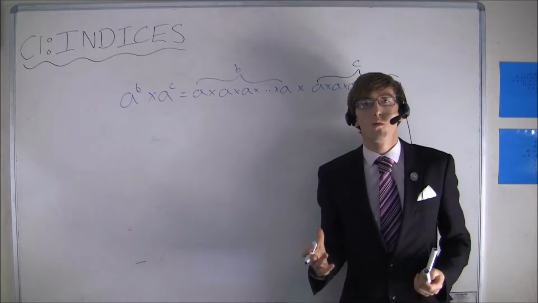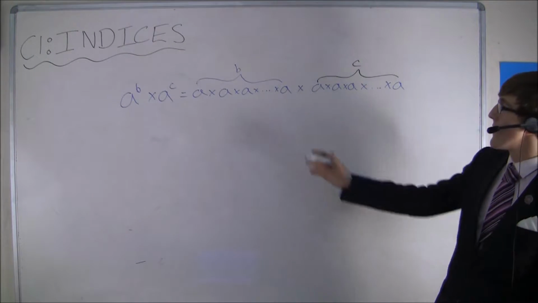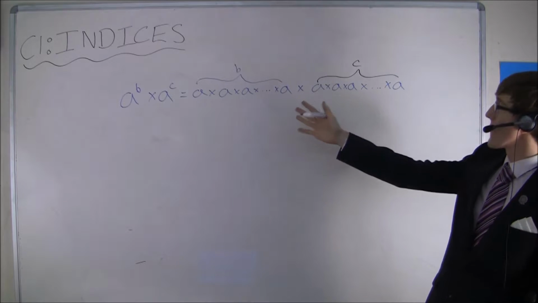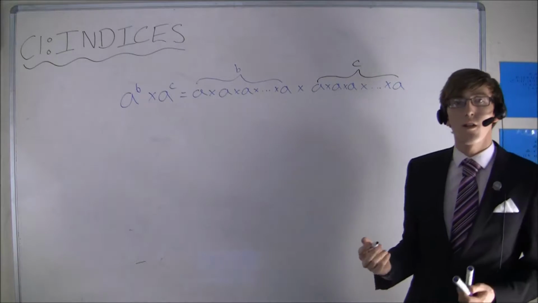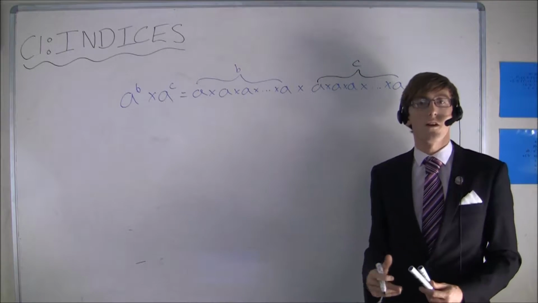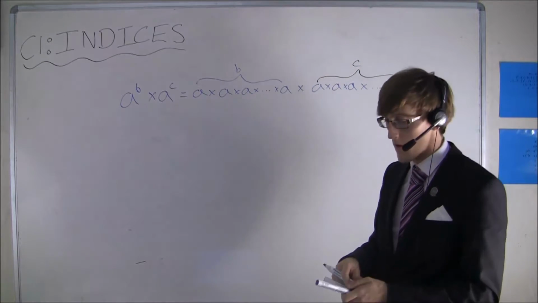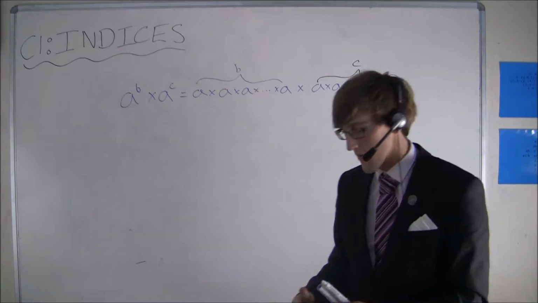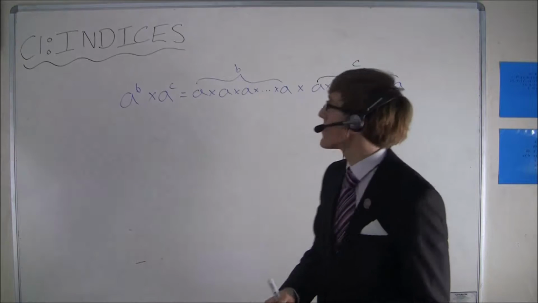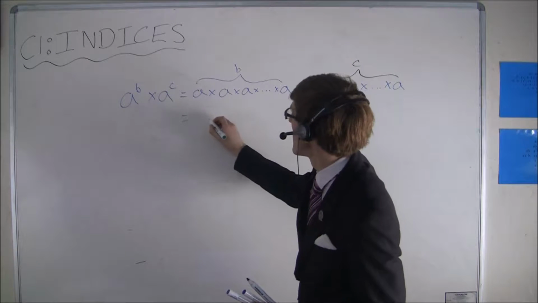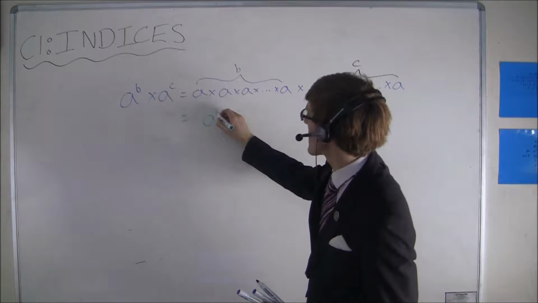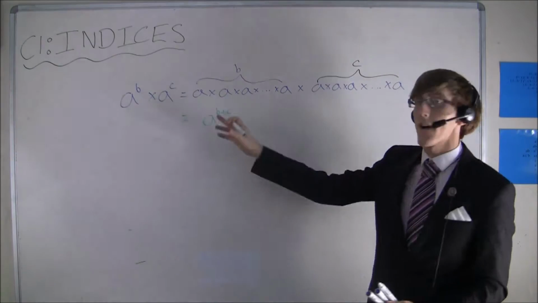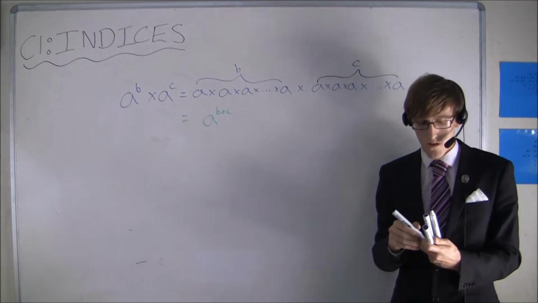So in total, we're able to see that we have b lots of a multiplied together times c lots of a multiplied together. In total, we have b plus c lots of a all multiplied together. And the shorthand for writing that would simply be a to the power of b plus c, because that's the number of a's we have multiplied together.